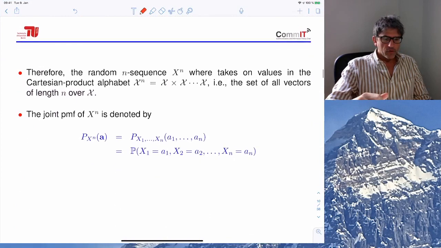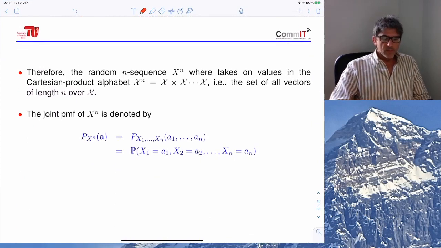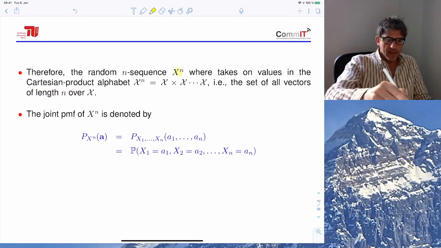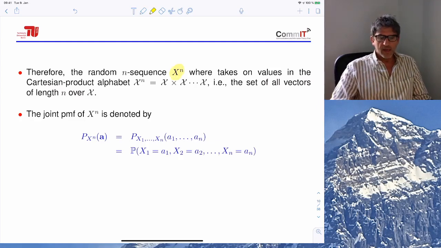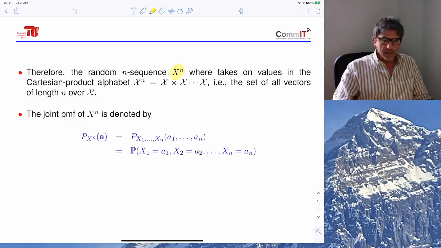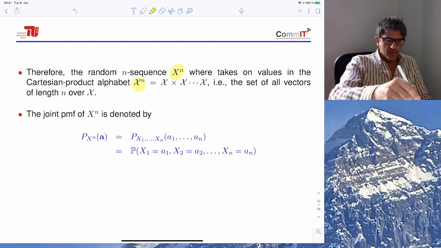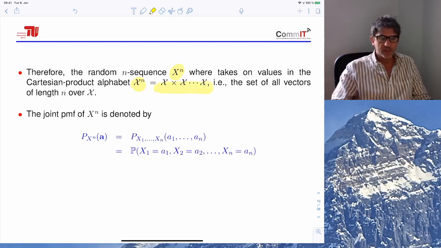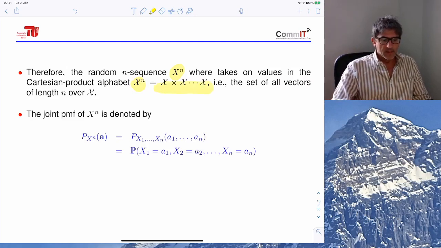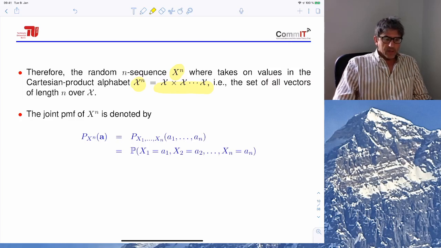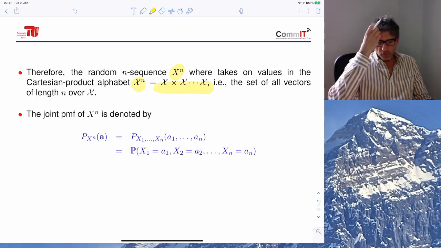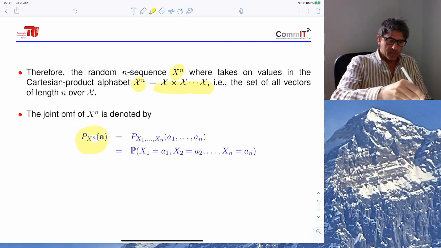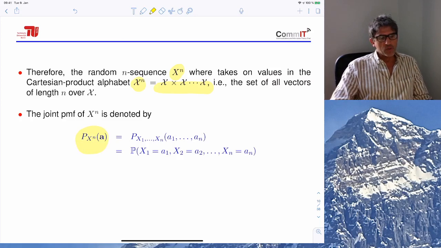Okay, so an n sequence X^n takes values in the Cartesian product alphabet X to the n, which is simply all the sequences with elements in X. And of course, we can generalize the concept seen before for two random variables to the case of n random variables and define a joint n-dimensional PMF, which will be P sub X^n of a.